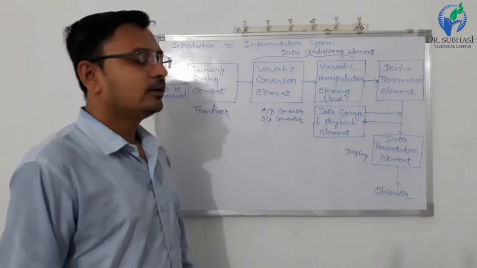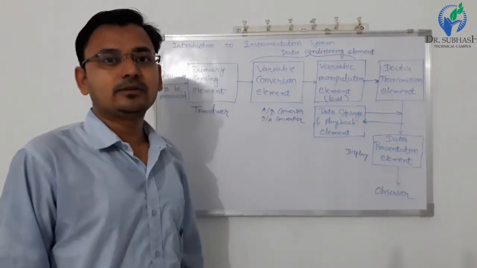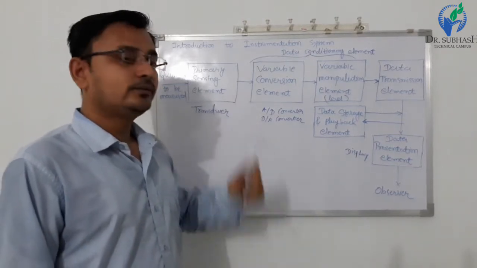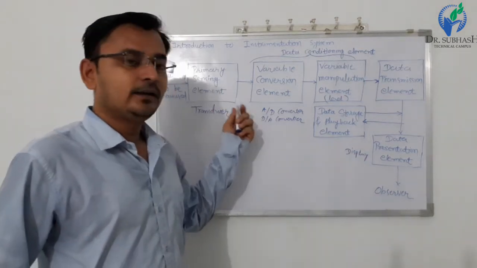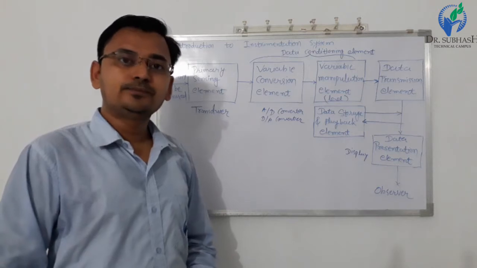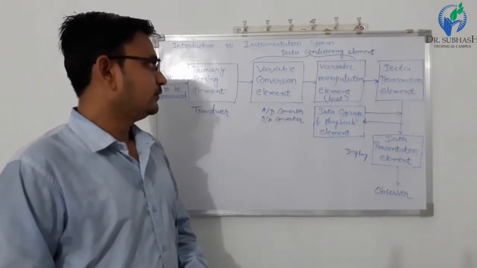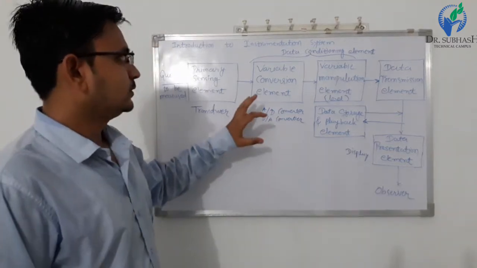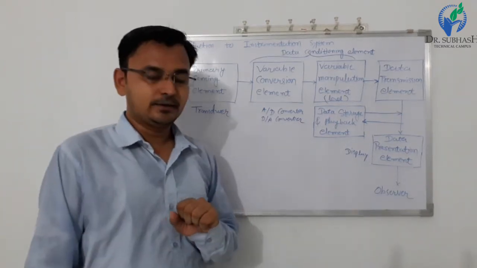Then our system will not work, because a digital system will not work with an analog input. So we have to convert this analog output coming from the primary sensing element to digital, and for this we have to use an analog to digital converter. This is known as the variable conversion element.